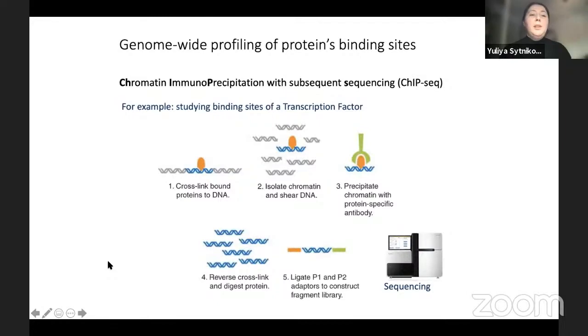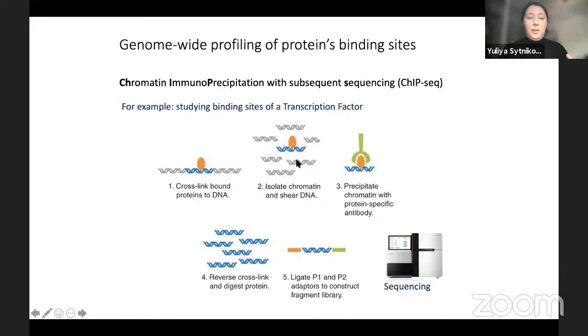So the method which historically was used pretty long ago is so-called chromatin immunoprecipitation. It was used even before NGS, just with PCR, and with NGS we got so-called ChIP-seq, chromatin immunoprecipitation combined with whole genome sequencing. So very briefly, cell nuclei are cross-linked.